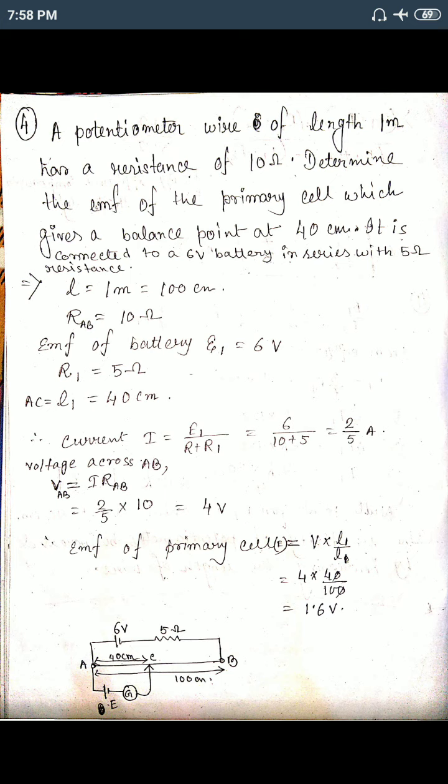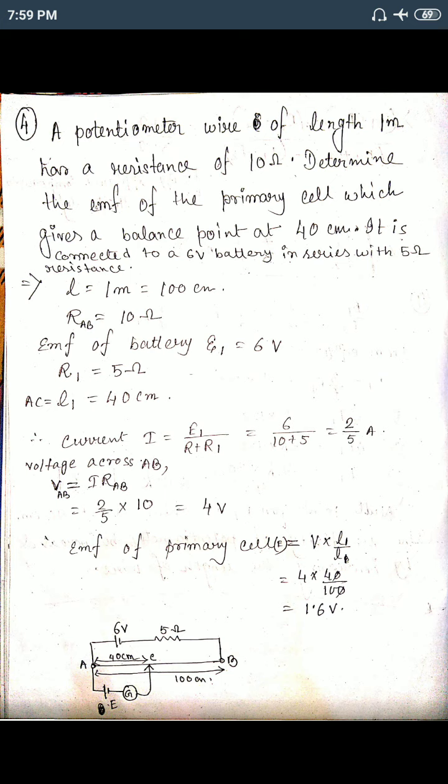So first of all we find out I, because the length is given, that is AC is given. If we find out the current, then we can easily apply Ohm's law. So let's see. Okay, so what is given, I will write it first. L equals 1 meter, that is equal to 100 centimeter.